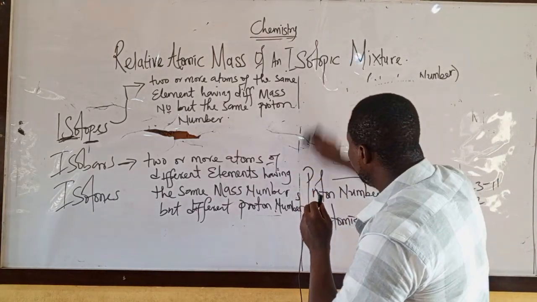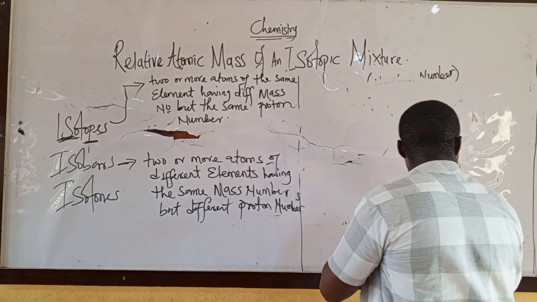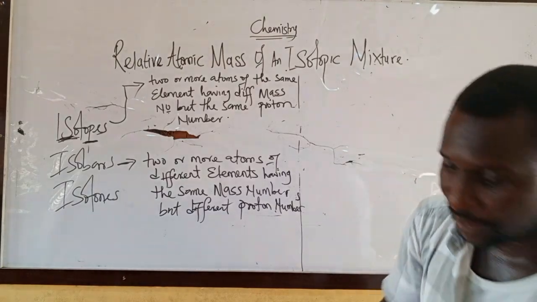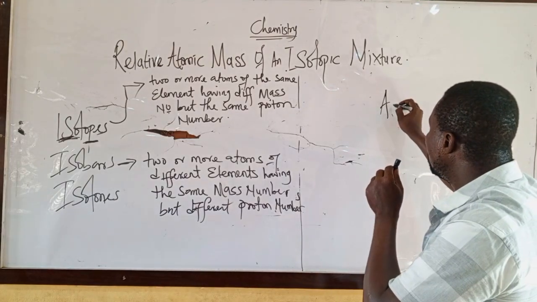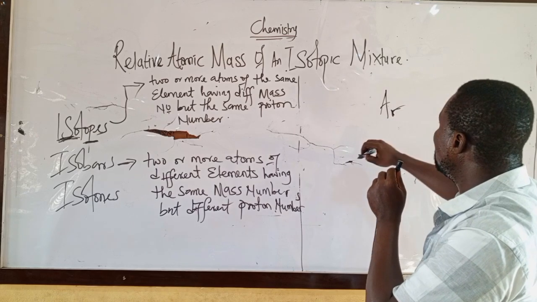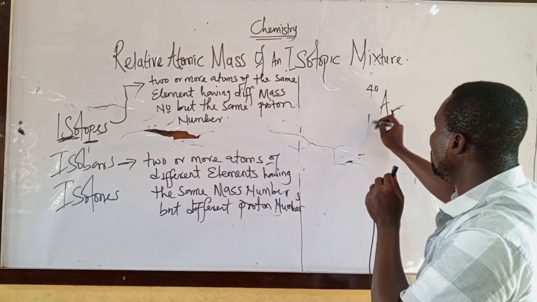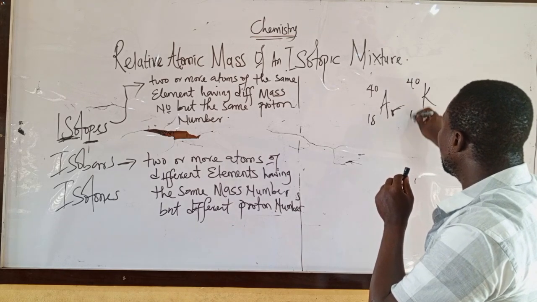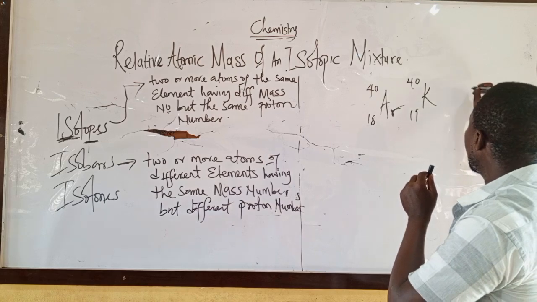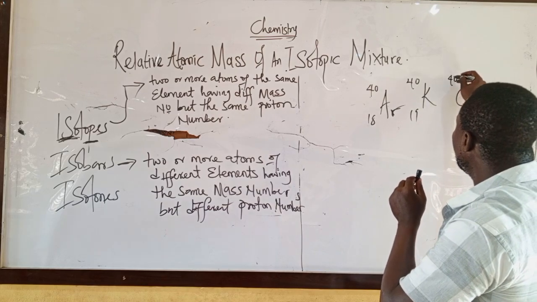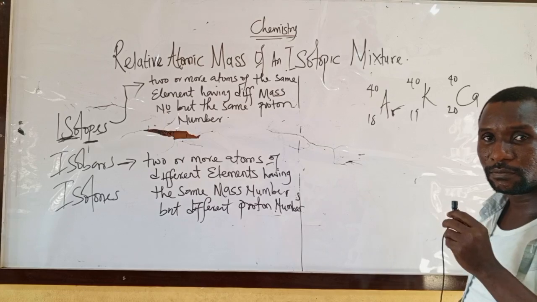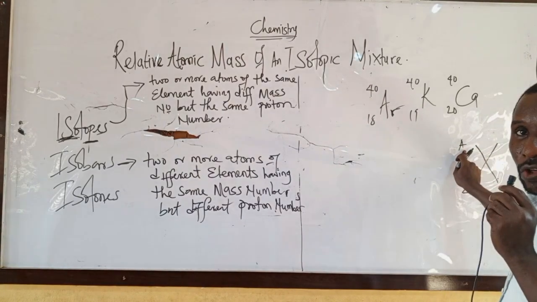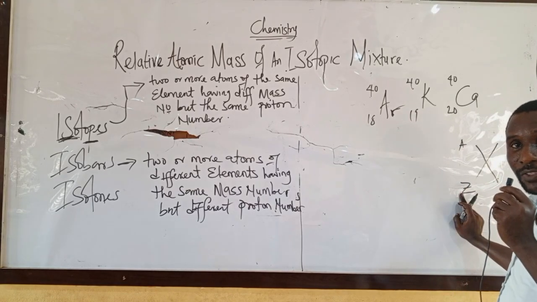When you have argon 40-18, you have potassium 40-19, you have calcium 40-20. Can you see this? Don't forget this symbol, A and Z. I told you A is mass number, Z is proton number or atomic number.